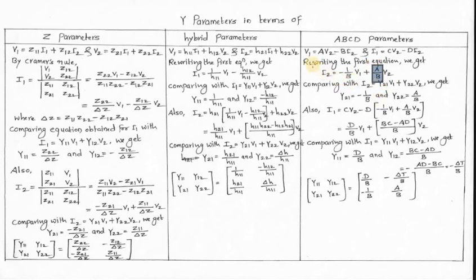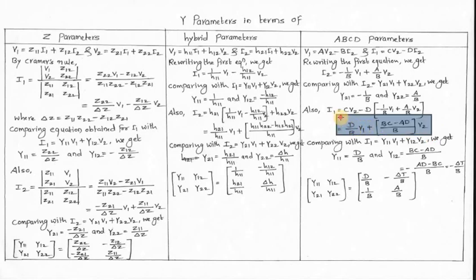I then would substitute this expression into this expression. So I get I1 in terms of V1 and V2 finally.